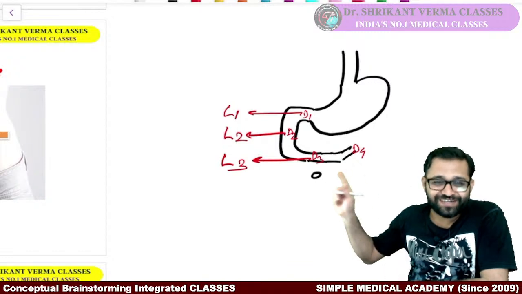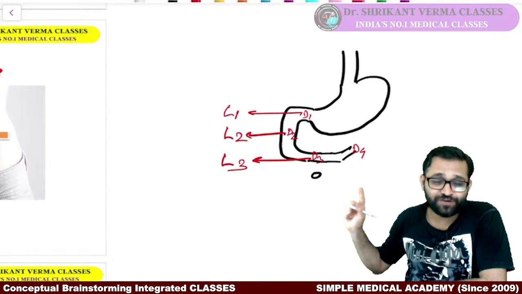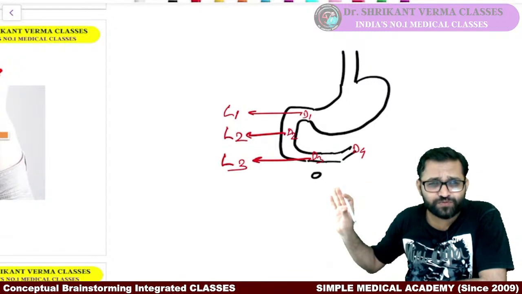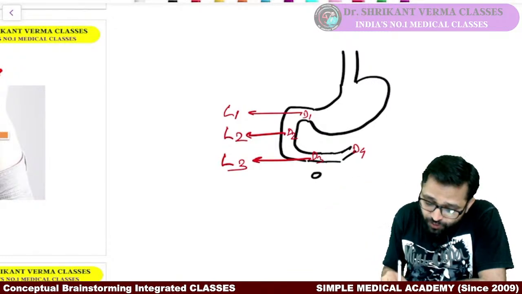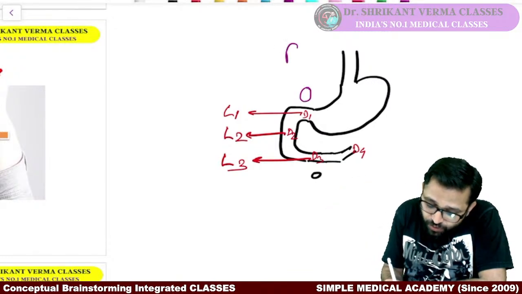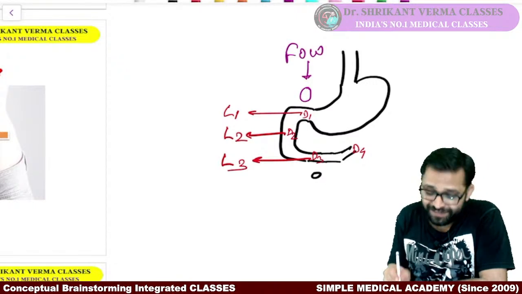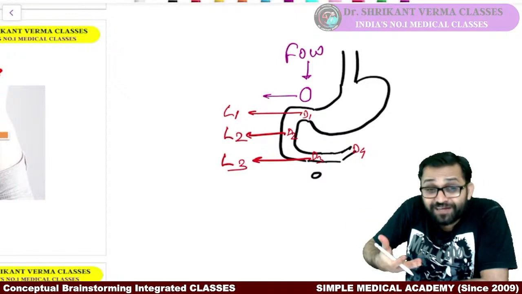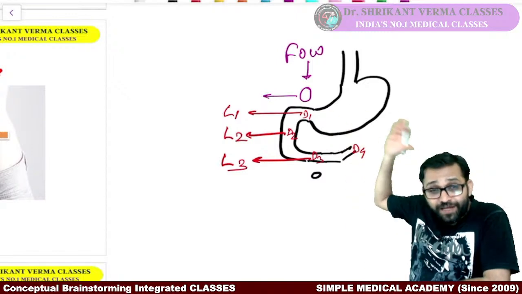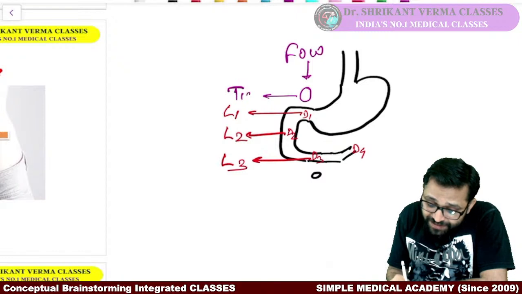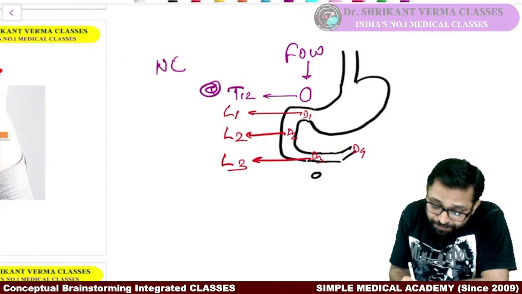Please recall, we discussed it at the time of our anatomy class. Just common sense we have to apply. And I told you about the location of the foramen of Winslow. So your NEET question, the foramen of Winslow is situated where? Definitely it is situated above the level of L1, that is T12. This was our NEET pattern.